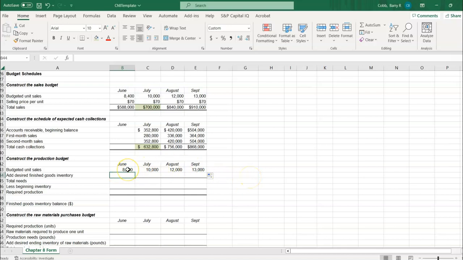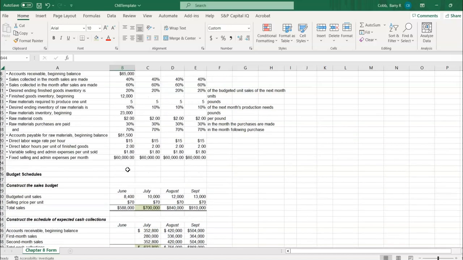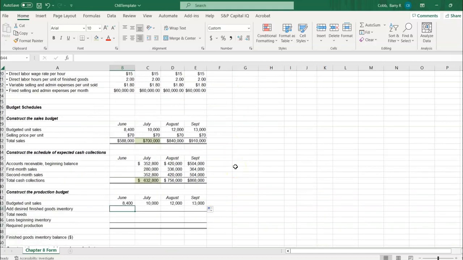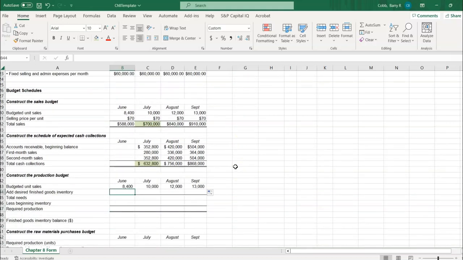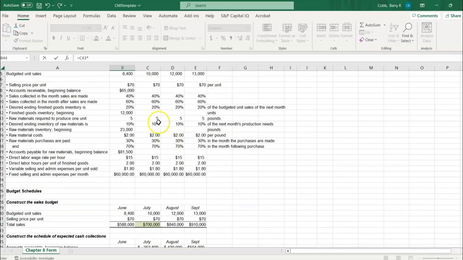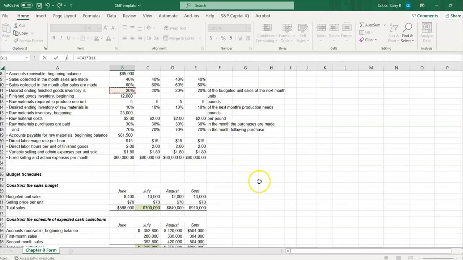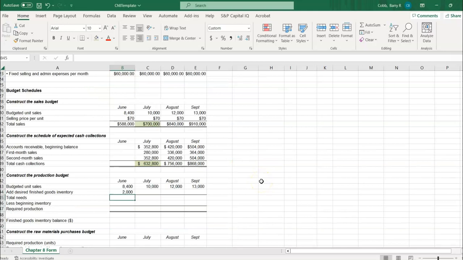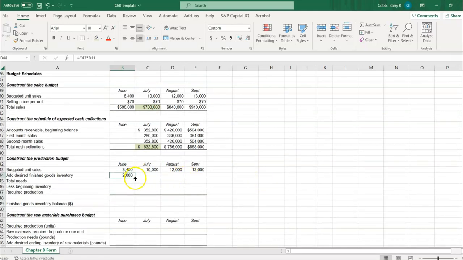Now, our desired finished goods inventory, we notice here that there's an assumption that says the desired finished goods inventory is 20% of the next month's unit sales. So our desired finished goods inventory for June is going to be 10,000, the July sales, times 20%. And so we can copy that across.